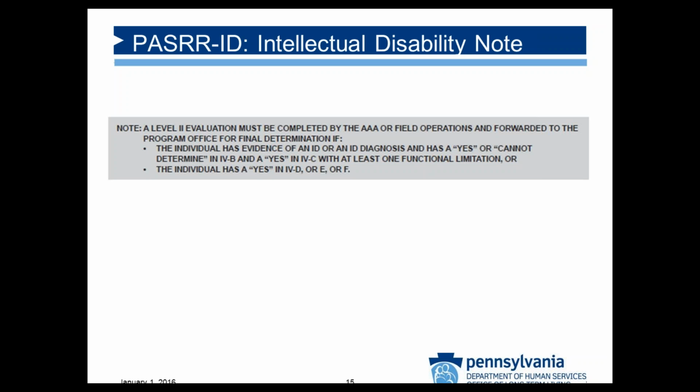The individual has evidence of it, and you have to have one functional limitation as well with that. And the individual has some kind of supporting documentation, whether they went to a school or they received services from the county, that kind of thing. That's another way, just by itself, that they can meet the criteria to go on and have a level 2 assessment done.